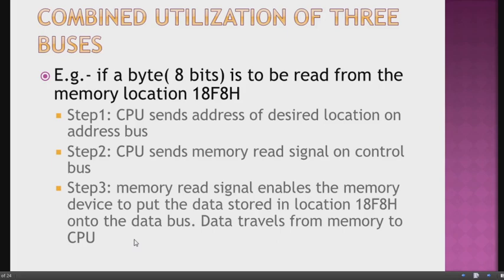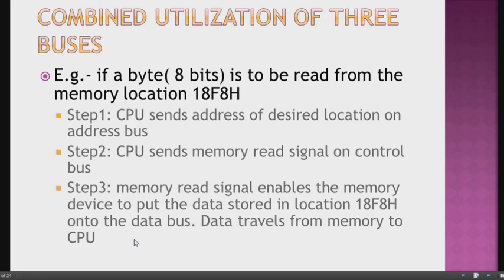First of all, the CPU will send the address on the address bus, then the CPU will send the control signal on the control bus, and then the memory read signal enables the memory device, and then the data is put on the data bus.